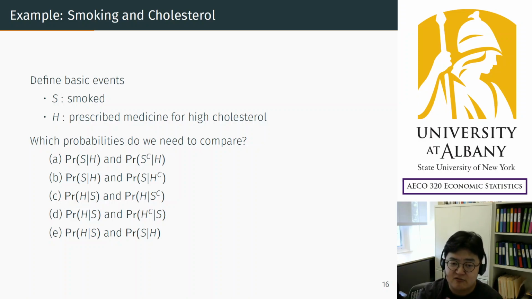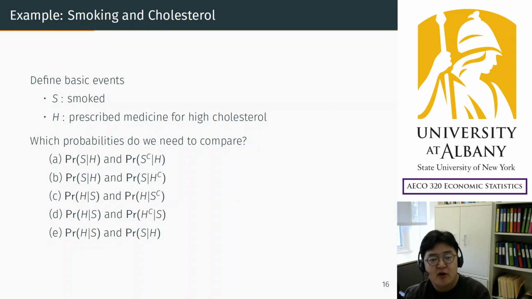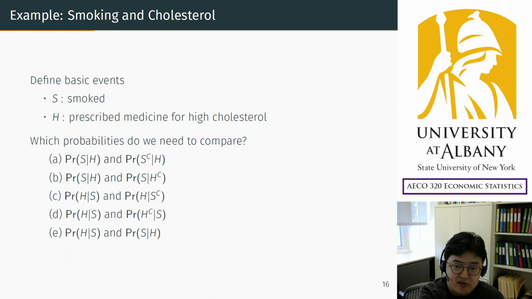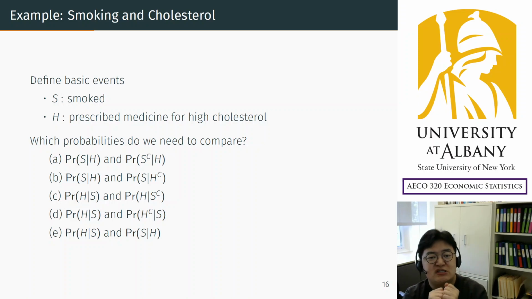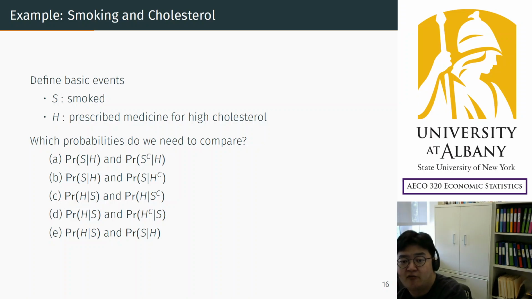Otherwise, let me explain. Like in our previous example, we compared the probability of promotion between men and women. Here, the framework is the same, we are going to compare the probability of high cholesterol between those who smoke and those who never smoked, right?